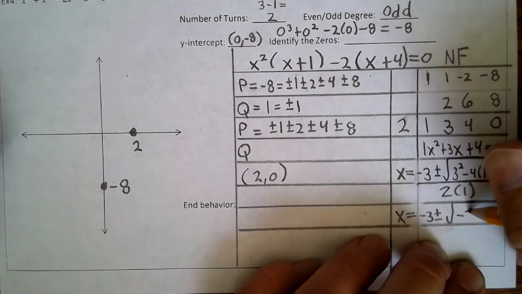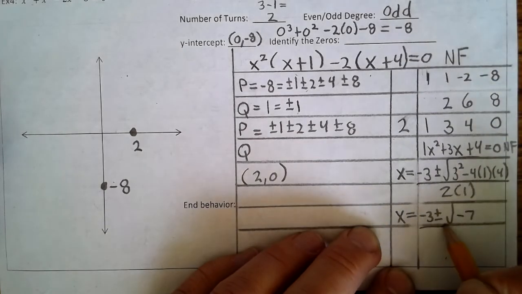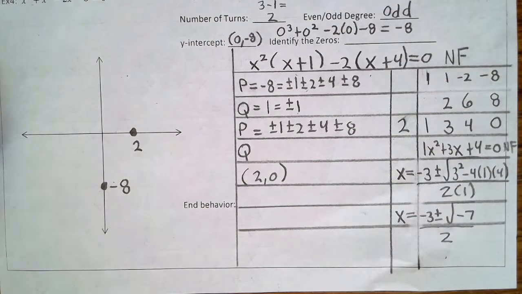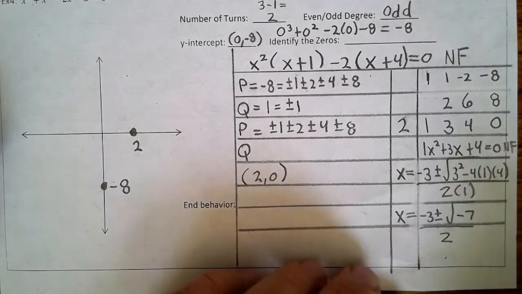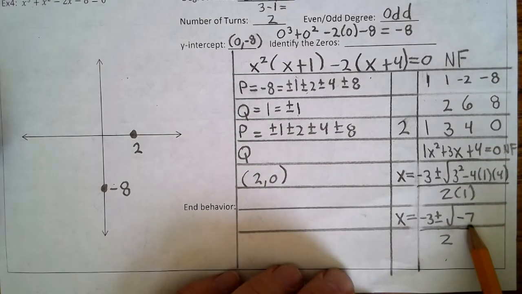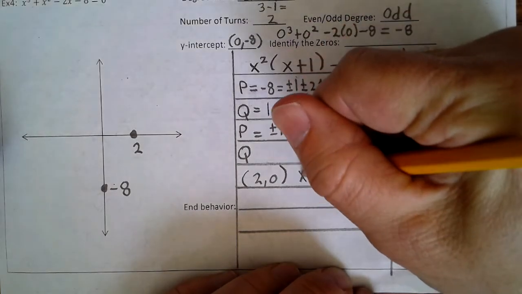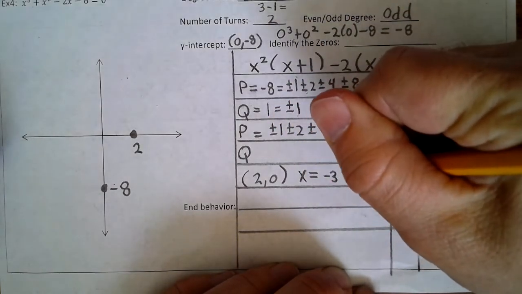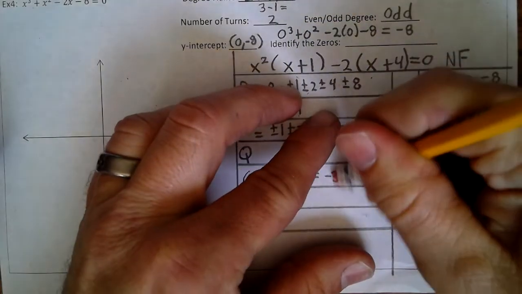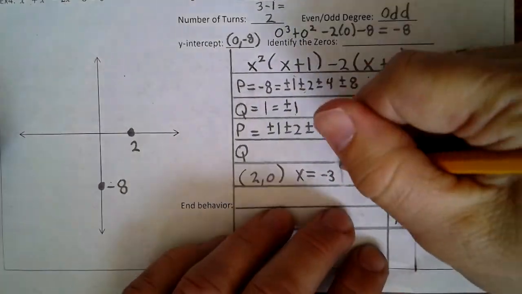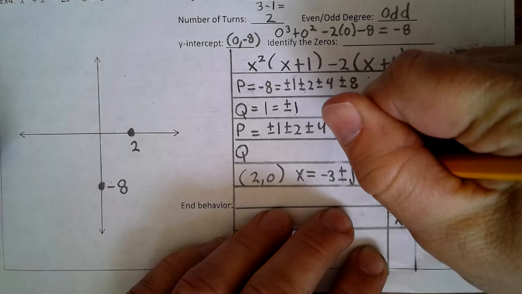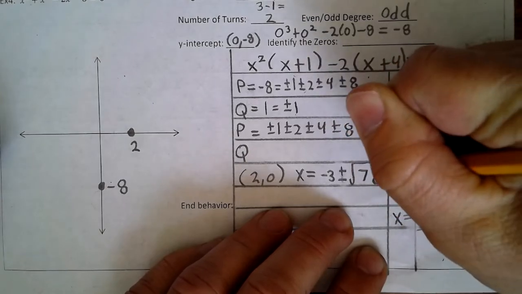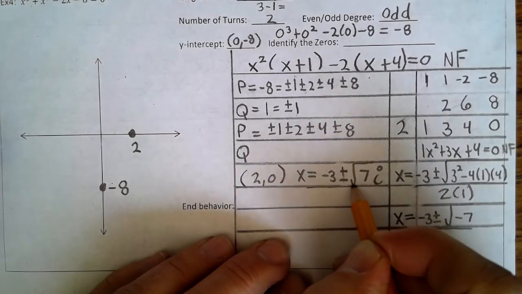So we have x equals -3 plus or minus the square root of 7i divided by 2. Which means two of our zeros are imaginary.